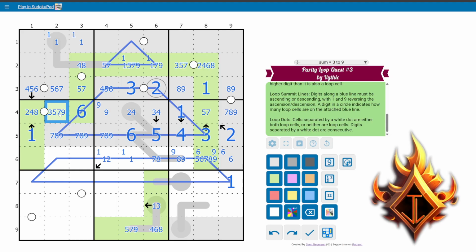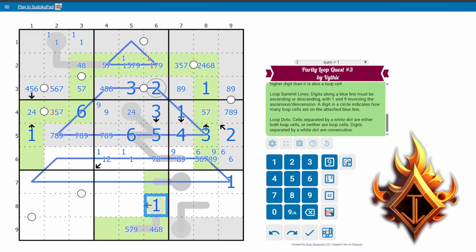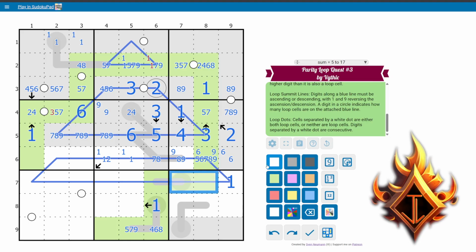No, it can't. That can't be 9 because that would be 8. These would both be 7. So now we get a 2, 4. So that becomes 3. So that becomes 1. And now we know that this is not on the loop. So it is going right there.